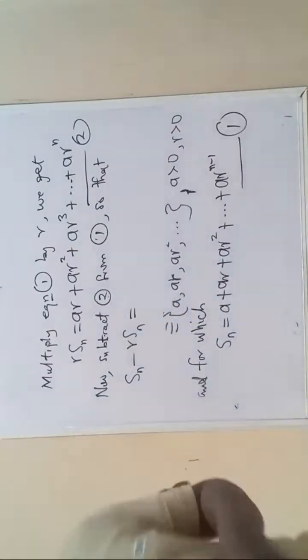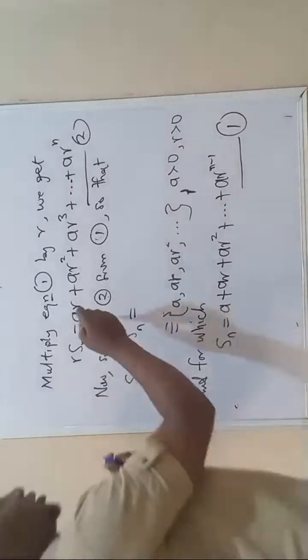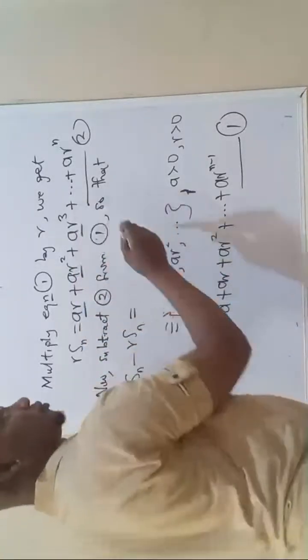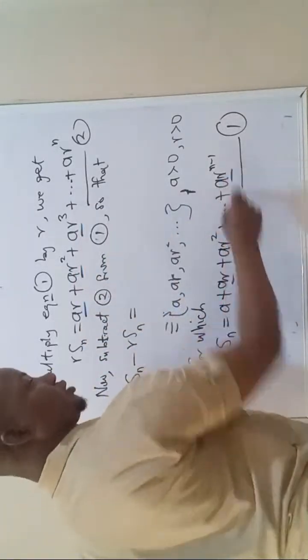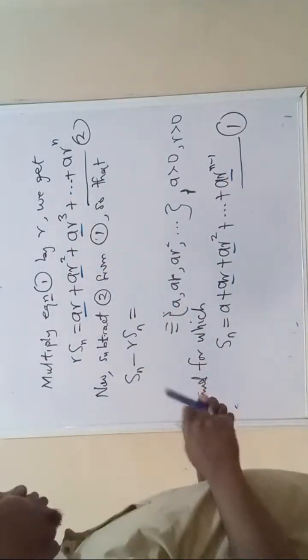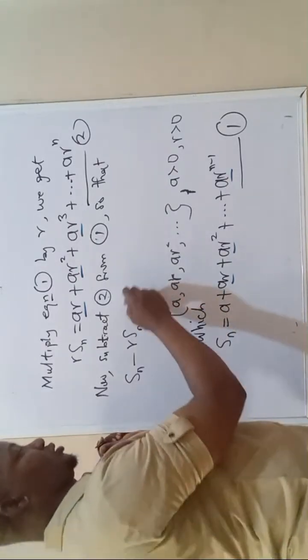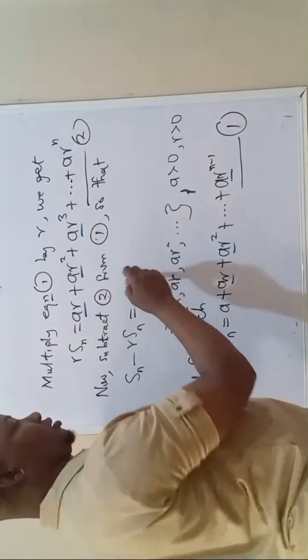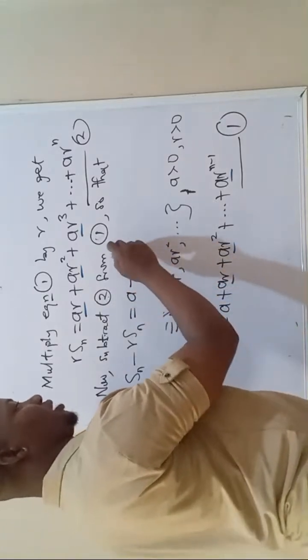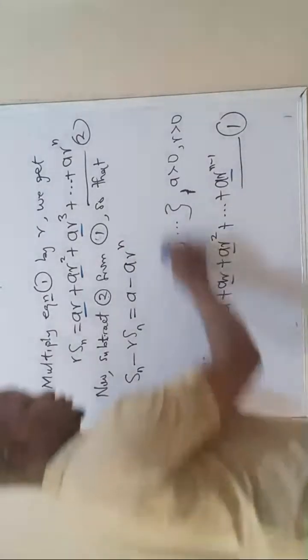Okay, let me use a different marker for this. All these terms will be removed, and the only term that will be remaining will be this, which is a minus ar^n.